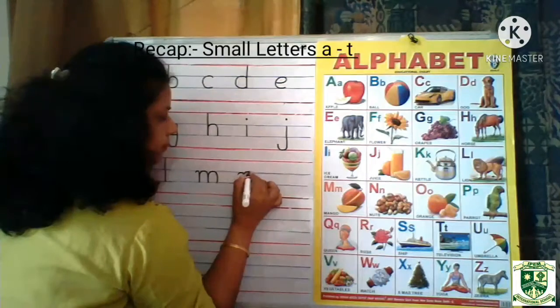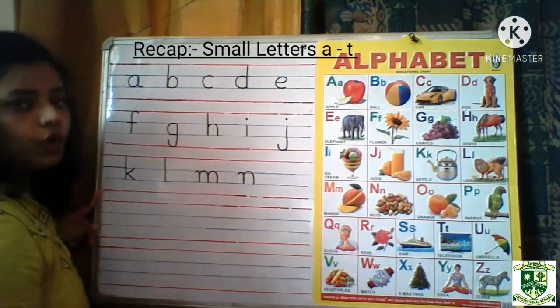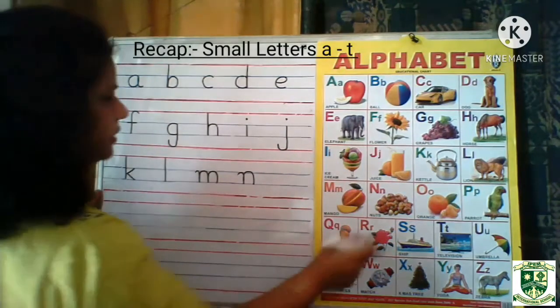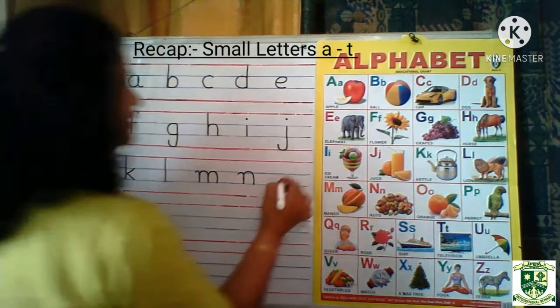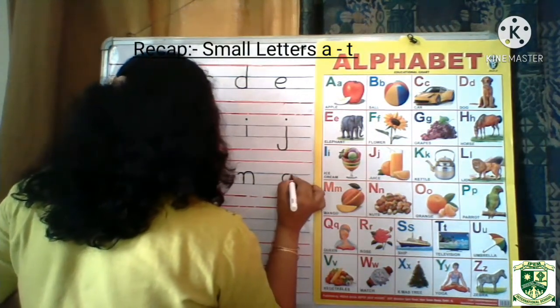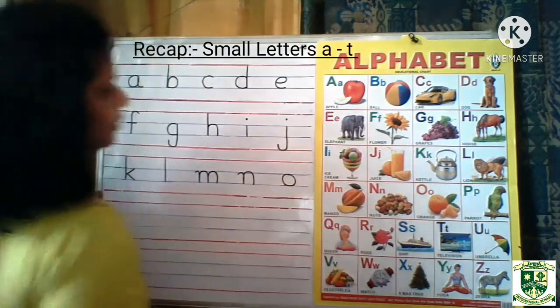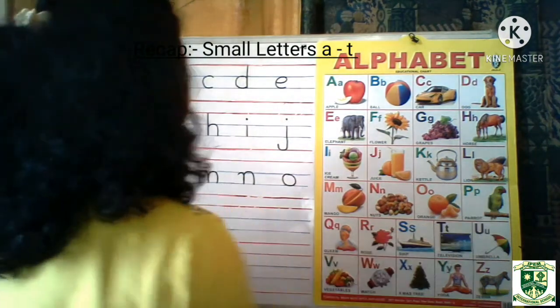One, second. Now remember, you have to make this in between the two blue lines. Okay, children. And then comes o. Very good. How will we write o? A circle in between the two blue lines. Very nice.